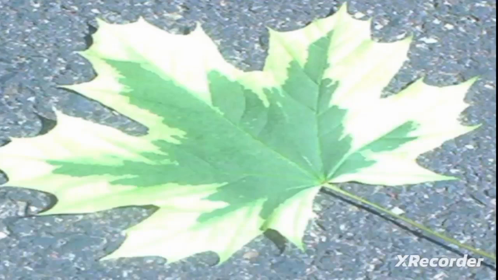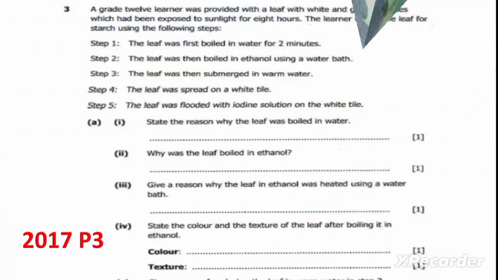So this is how the leaf was looking according to the question. Now let us come back to the question. Question 3A, Roman numeral 1, the question reads, state the reason why the leaf was boiled in water.